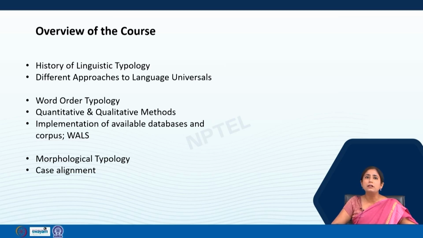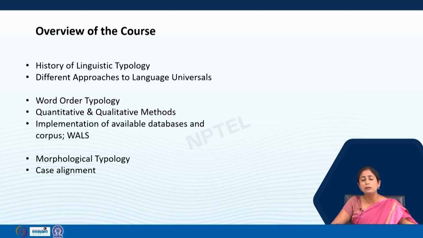We will talk about different types of typological parameters like word order typology, quantitative and qualitative methods, and how we collect data, because I said in typology we look at the data first, we study the languages first, and then from there we induce the rules or we get the parameters.